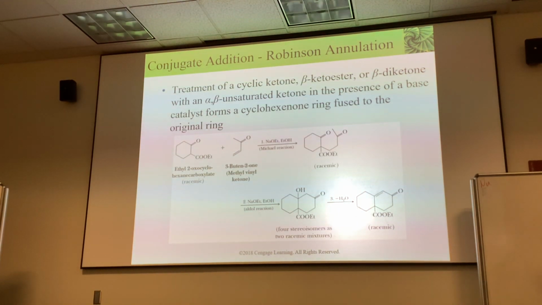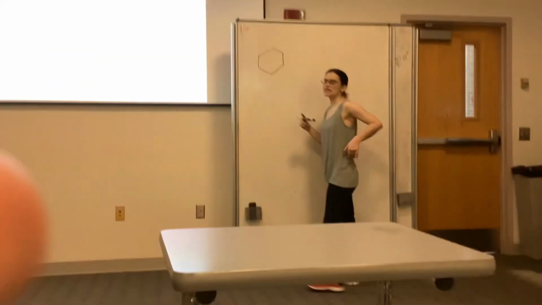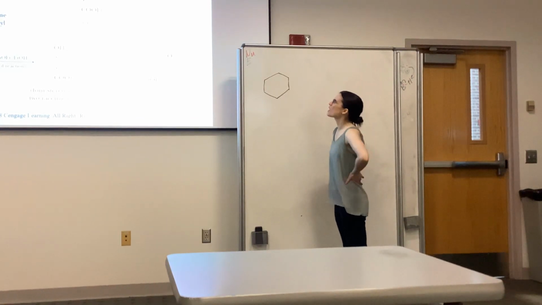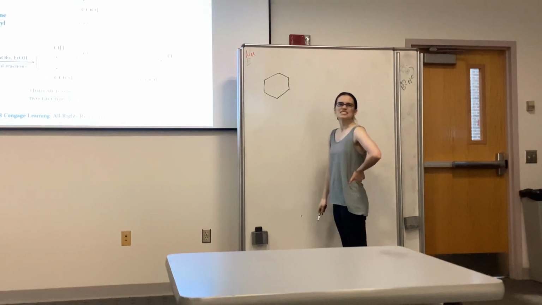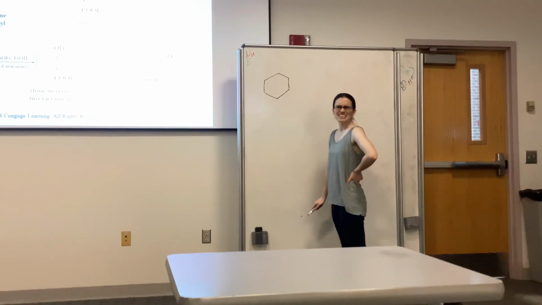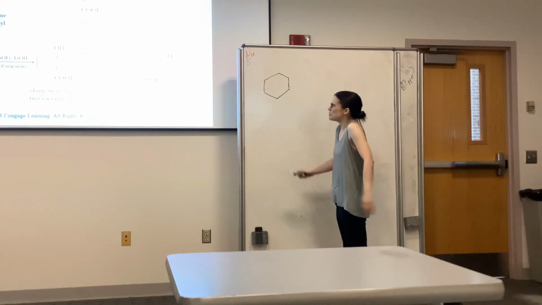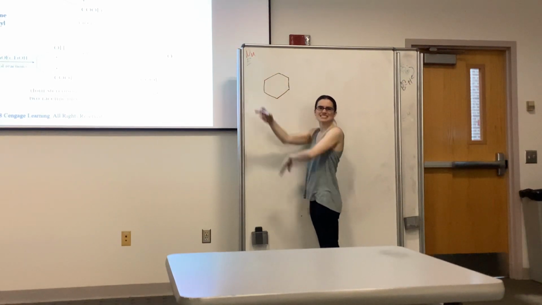Basically this is a type of conjugate addition, a very specific type, so specific that it's really difficult to write varying test problems on it, because you grab the one Robinson annulation problem, and then you try to rewrite it because you already put that on a quiz, and you're like, what can I even touch here so that I don't mess it up? You can put stuff over here, but specific things that don't mess with it.